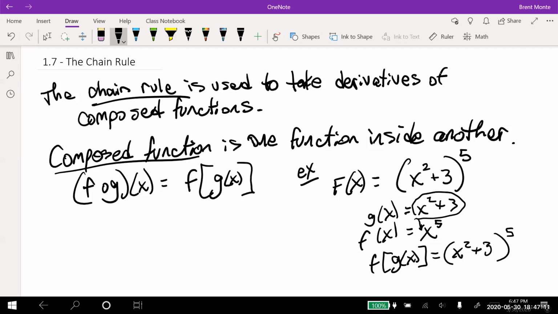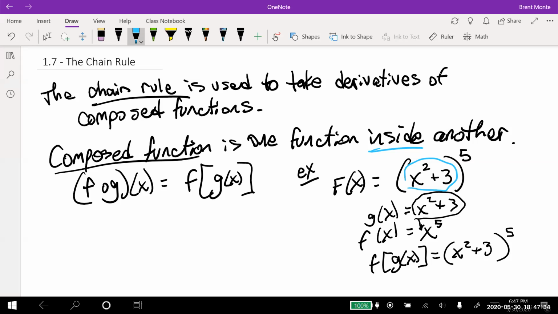So again, one function is inside another function. So when we're talking about the inside function, well, that's obviously this function, the x squared plus 3 was inside the x to the fifth function. Okay, so it's important to recognize what we're talking about, an inside function. So let's talk about the rule first.